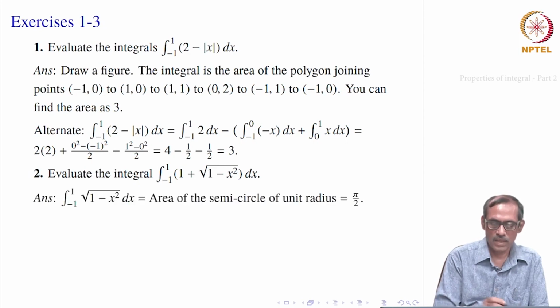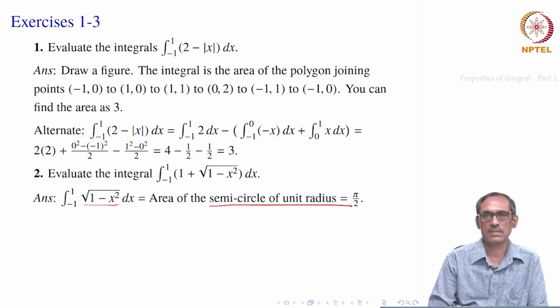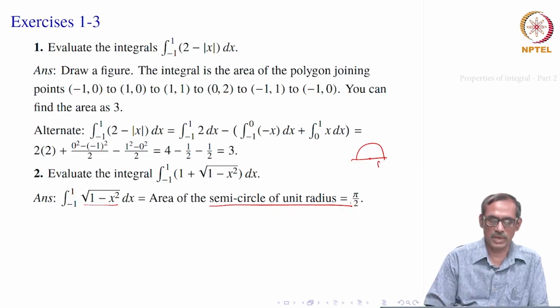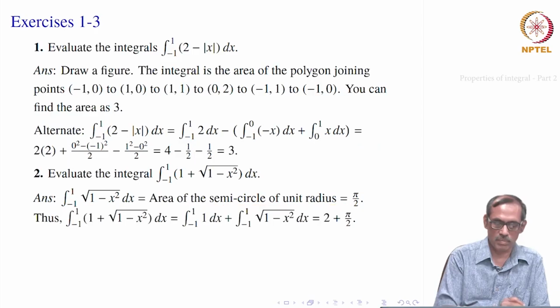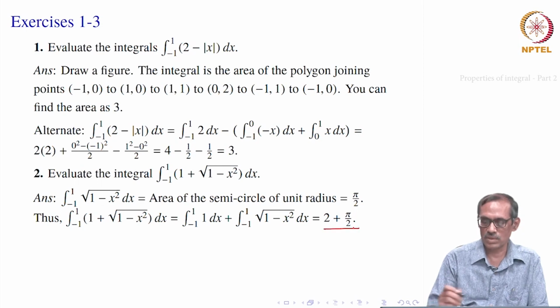In fact, we know that y equal to square root of 1 minus x square, from minus 1 to 1, describes the semicircle of unit radius lying above the x axis. So, its area is pi by 2. Then you can use the property of the integral to see that integral of 1 dx plus integral of square root of 1 minus x square is 2 plus pi by 2, fine.